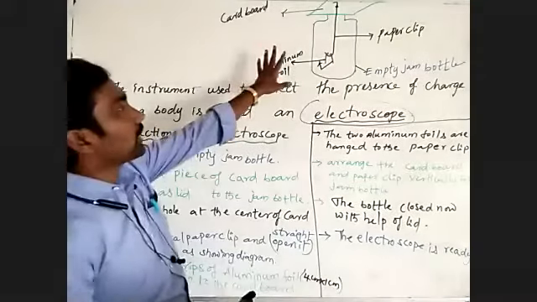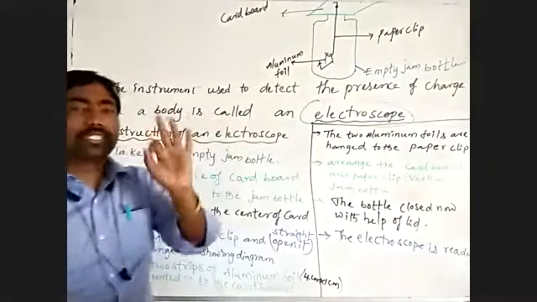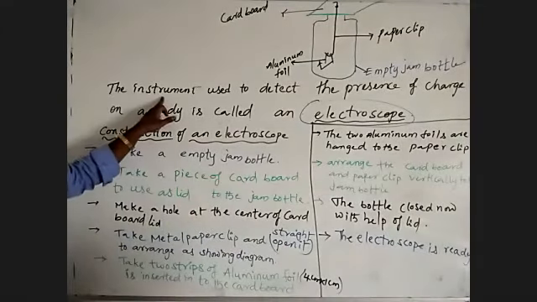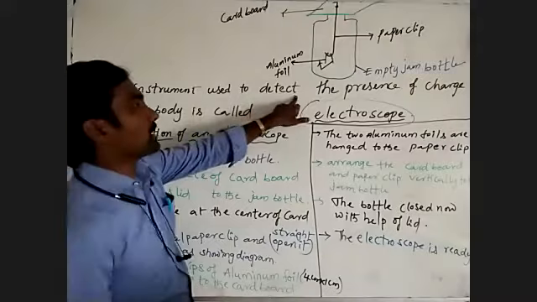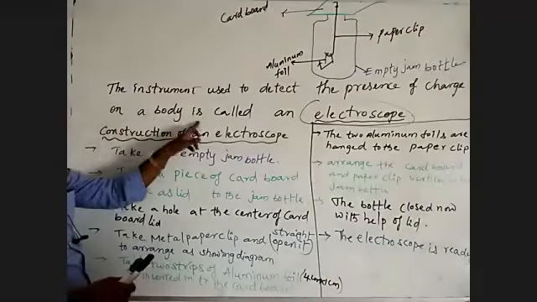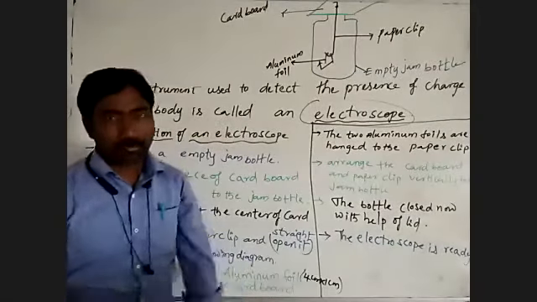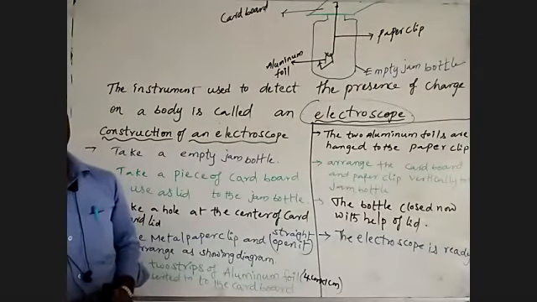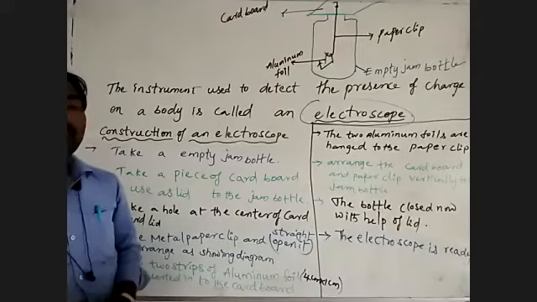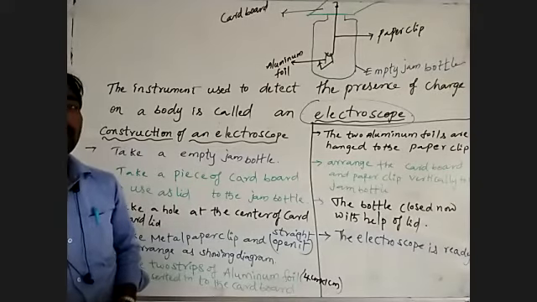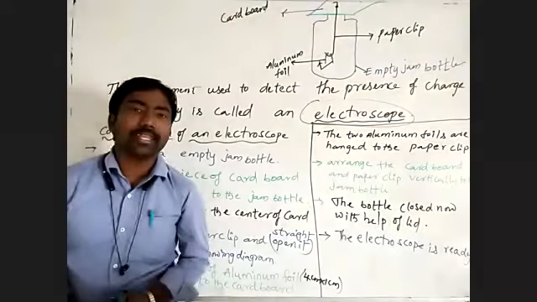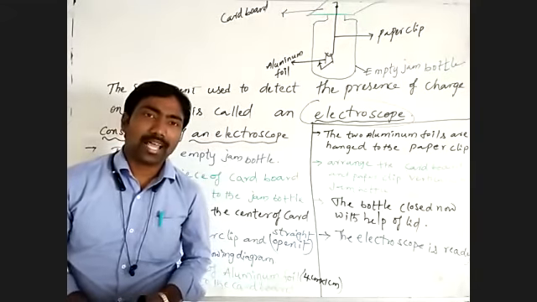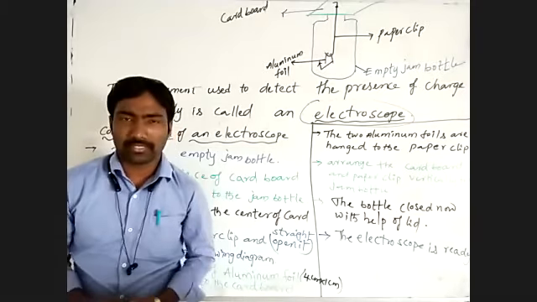See, this is an electroscope to detect the charge presence on your body. The instrument used to detect the presence of charge on your body is called an electroscope. So if you bring any rubbed substance, or any uncharged object, uncharged means it consists of free charges.